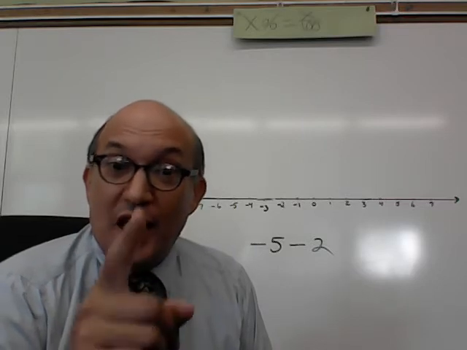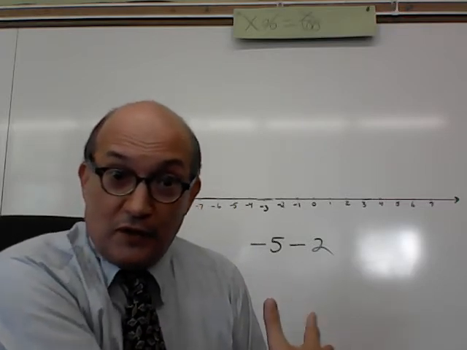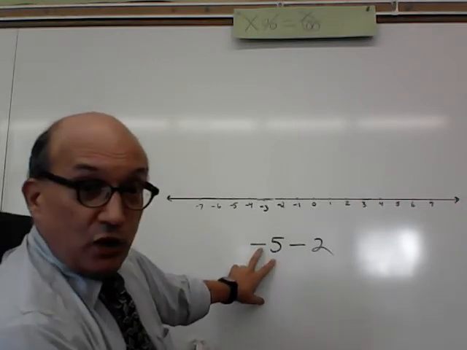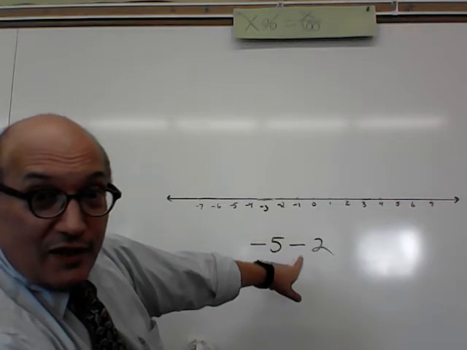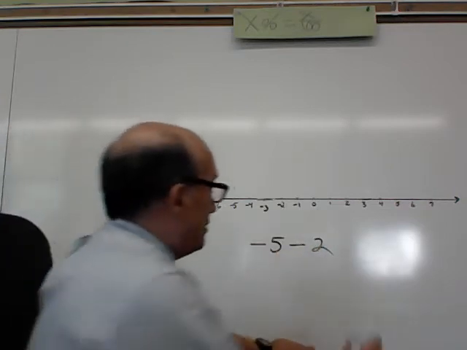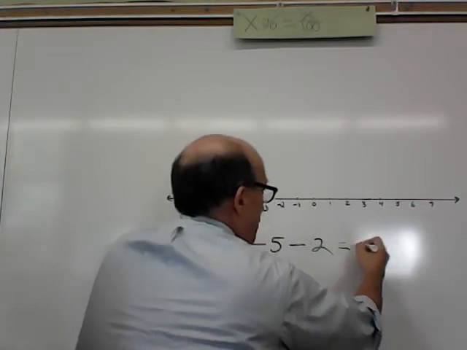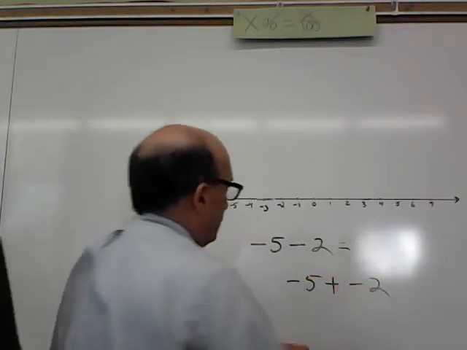Subtracting 2 is the same as adding the opposite of 2, just like it was in the previous example. That doesn't change just because this is a negative 5. So what you actually see here is that this subtraction is an addition that we already did, right? This is the addition, negative 5 plus negative 2.